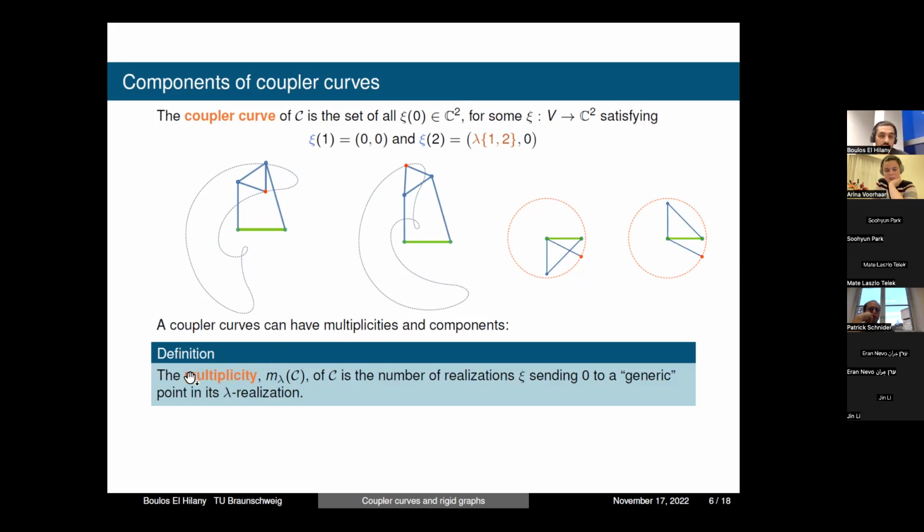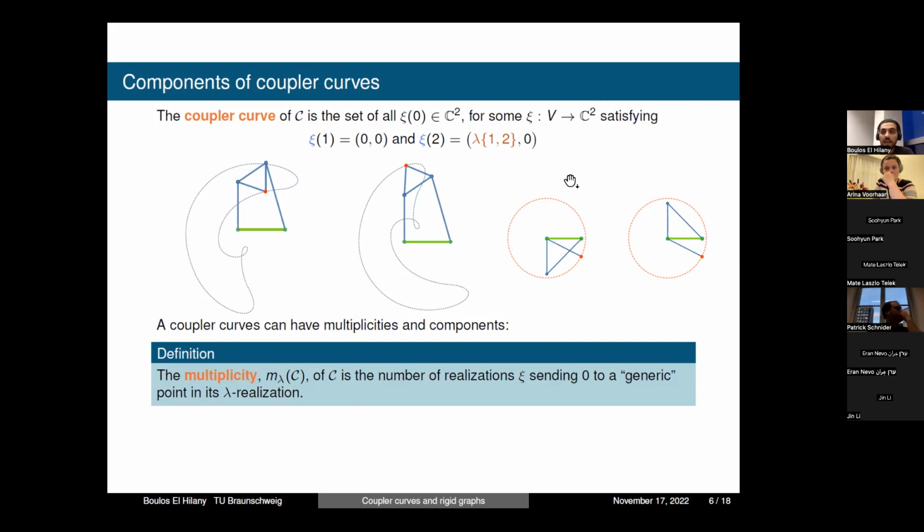The formal definition is that we pick a generic point on the circle, or on our coupler curve, and then we compute the number of realizations for which the marked zero vertex is at this point, and this would be the multiplicity.